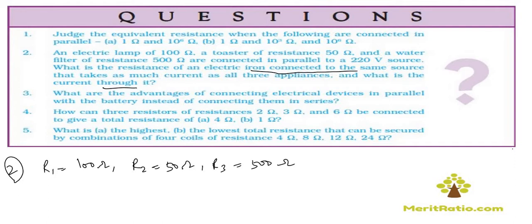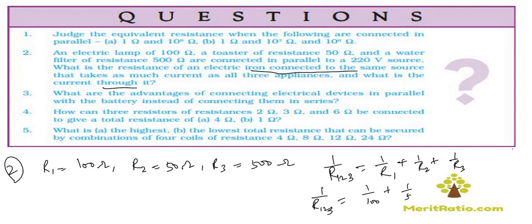So we are required to find the equivalent resistance. These three resistors are connected in parallel, so we can obtain 1 upon R123 is equal to 1 upon R1 plus 1 upon R2 plus 1 upon R3. How much will it become? 1 upon R123 is equal to 1 upon 100 plus 1 upon 50 plus 1 upon 500.